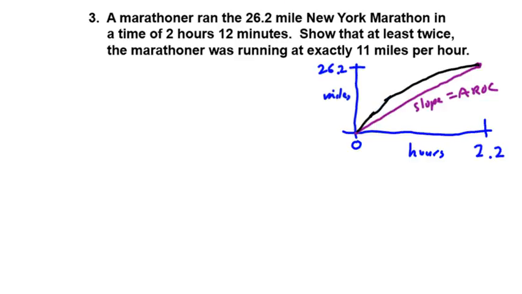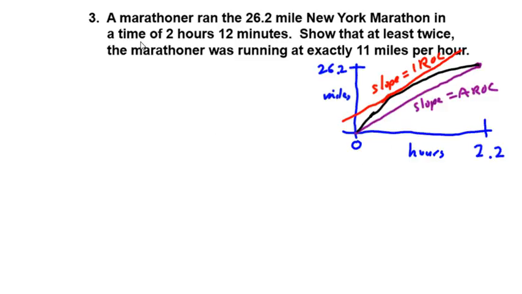That's what the mean value theorem tells us, where the slope, we'll say it's right here, at this time, the slope of this tangent line, which I'm drawing in red, is going to be equal to the slope of the average rate of change. So the slope of this one here is going to be equal to, I'm going to put IROC, representing instantaneous rate of change.